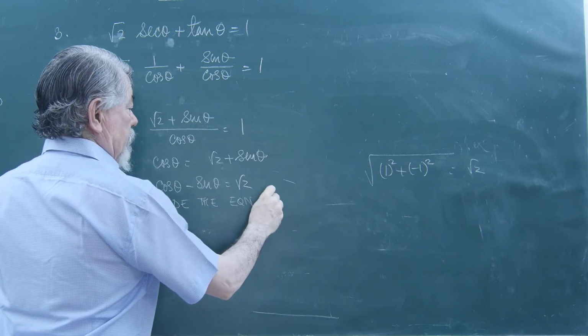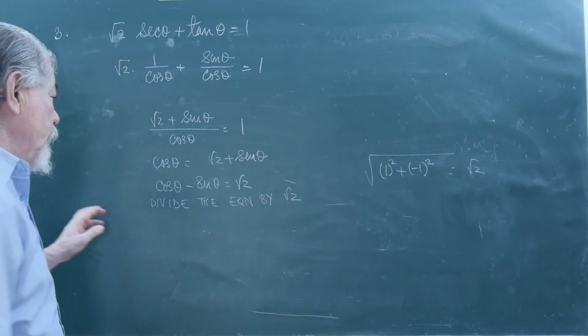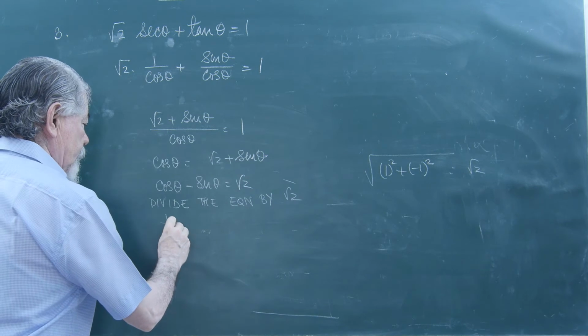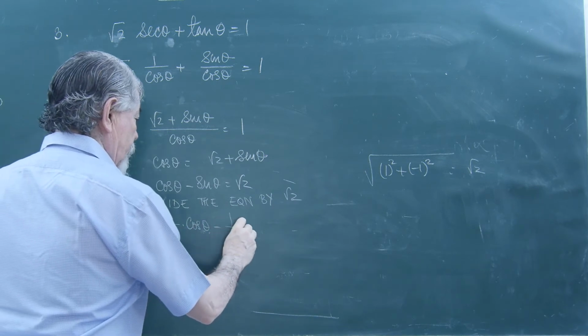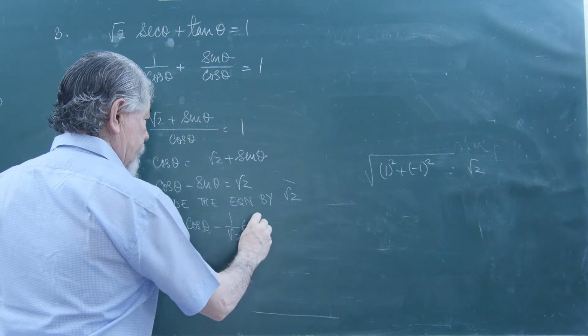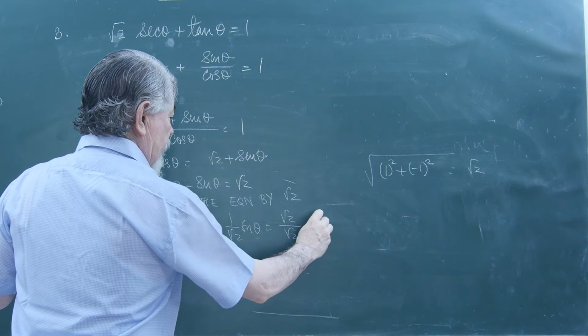If I divide the whole equation by root 2, it will become 1 upon root 2 cos theta minus 1 upon root 2 sin theta is equal to root 2 upon root 2. That will come out to be 1.